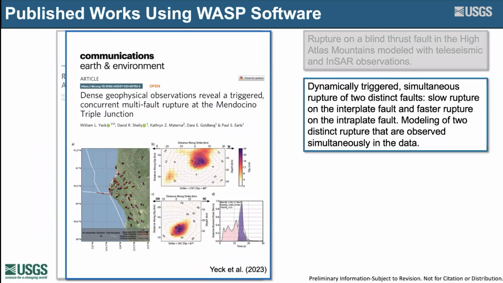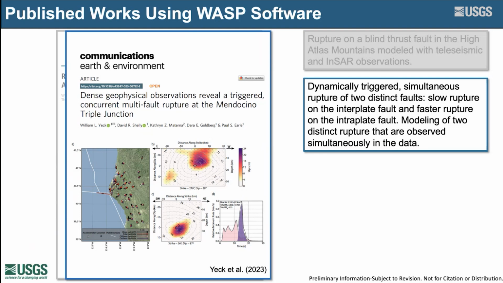In this next paper, that was also led by Will Yeck, caused us to make some neat modifications to the software that are available for your use. So we modeled concurrent rupture of 2 faults. So the initial rupture was on an offshore interplate fault, followed 11 seconds later by a dynamically triggered rupture on an intraplate fault that was 30 kilometers away.